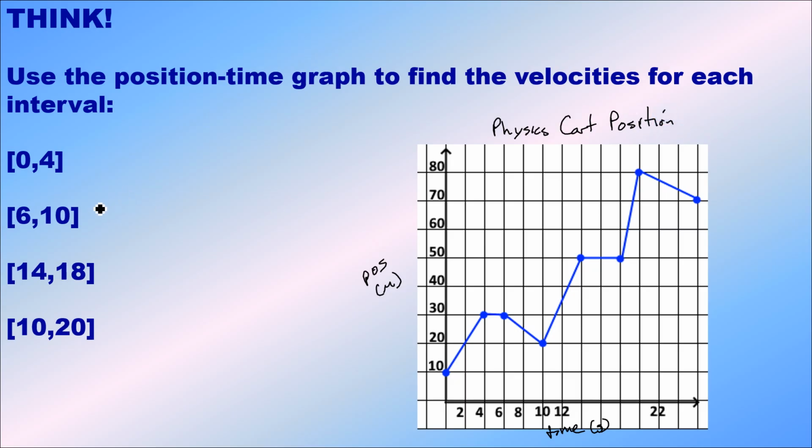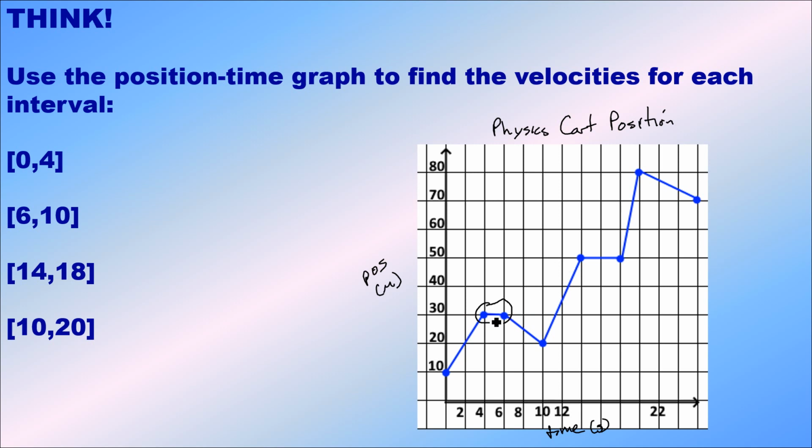Before we actually do any of the math, let's analyze the graph a little bit. Right here, what do you think? Discuss with your neighbor. Is the cart going forward, backward, or neither of those things? Pause the video, talk for 30 seconds. Okay.